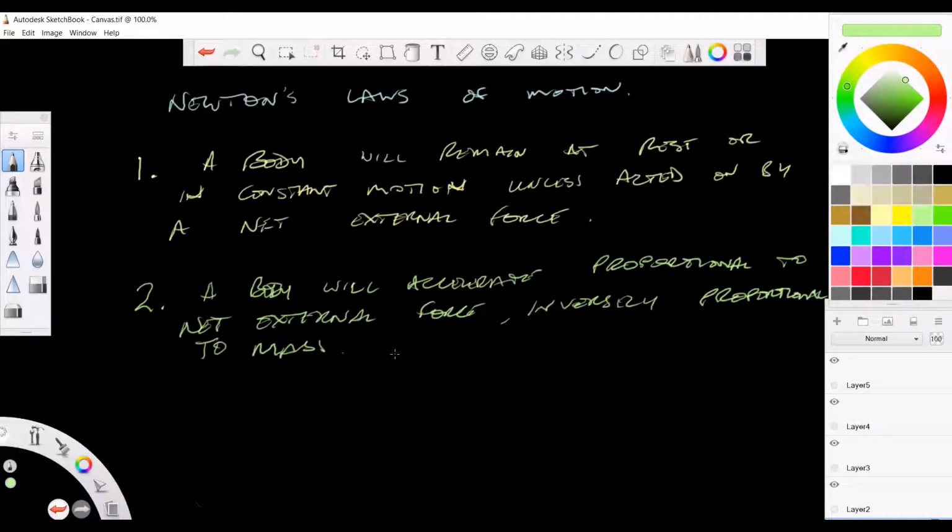Now you will often have seen this written as the formula I've given you already, F equals ma. If you rearrange that, A equals F over m. So it's proportional to force, inversely proportional to mass.